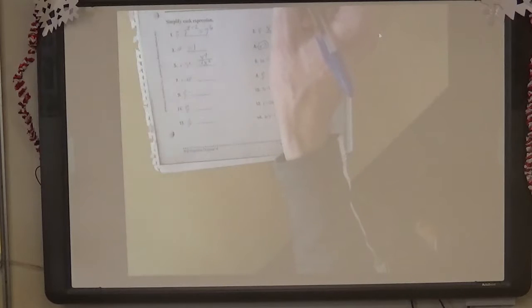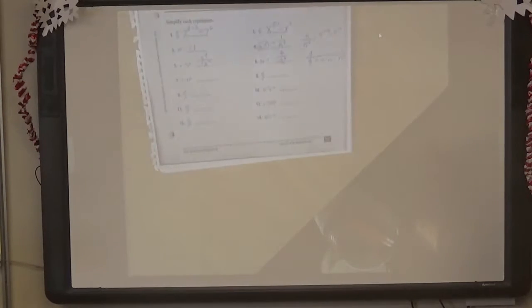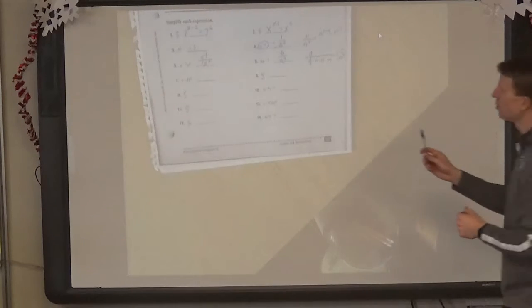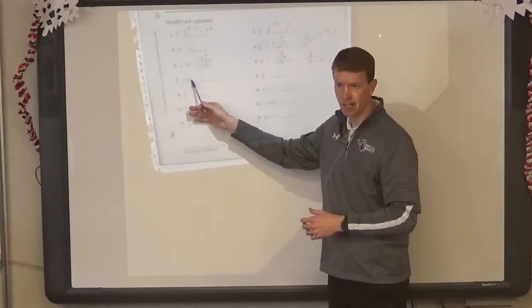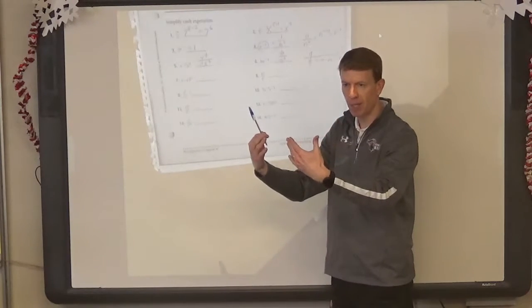So when it's just written, it's always assumed that it is on the top of the fraction bar, because you can write that as a fraction just by writing it over 1. Anytime it's just written without a fraction bar, it's automatically on the top line.